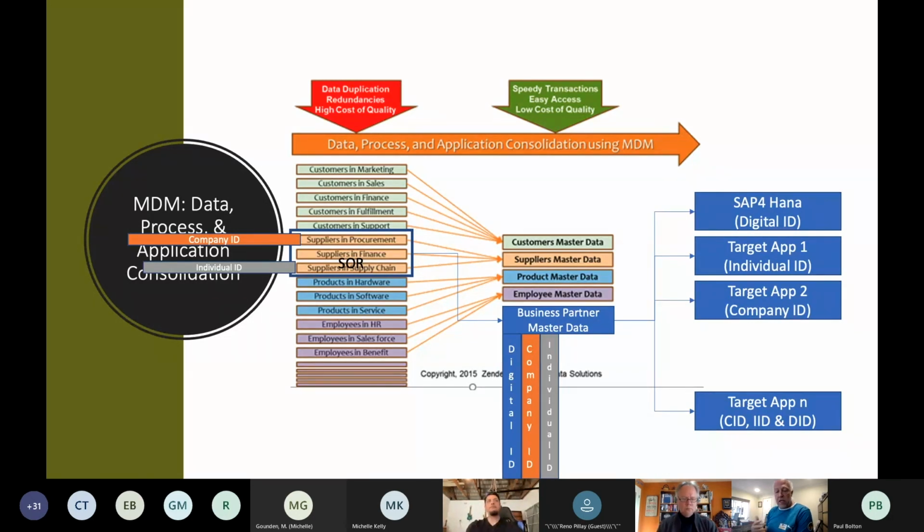We spoke about an approach to identify where the authoritative source data should come from, evaluating those systems and seeing which ones are trustworthy and which have the best authority, then choosing that one, building the master data, the consolidated business partner, and then the process of distributing that information to the different applications. So that was a bit of a rush job, and Rena, I hope that answers your question. If not, have I misunderstood something?